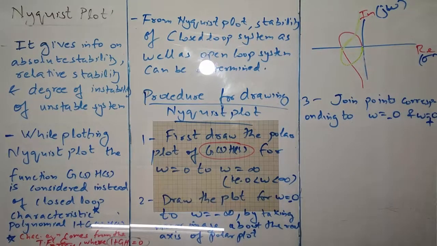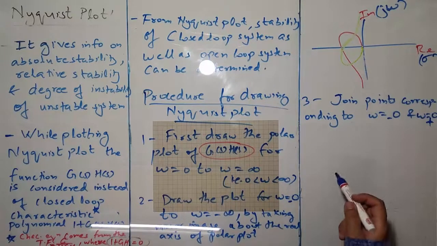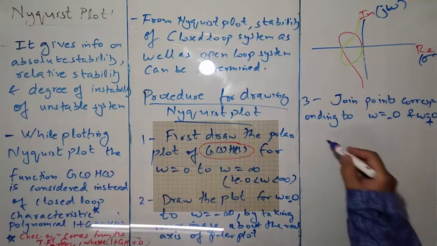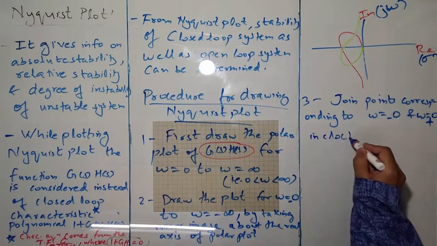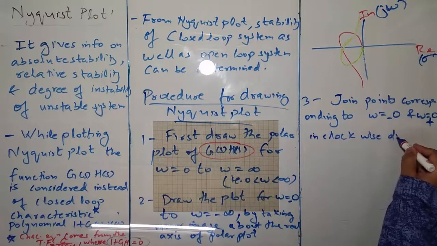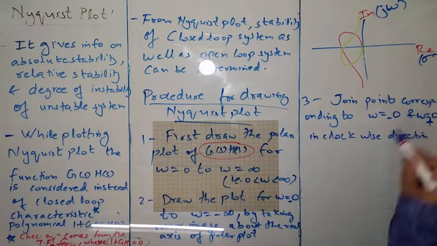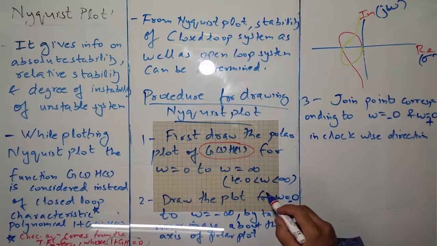Again, 0 cannot be given any sign like minus or plus, but we are writing minus and plus just to identify zeros which lie on the negative and positive side of the range of omega respectively, and you'll have to join these points in clockwise direction.